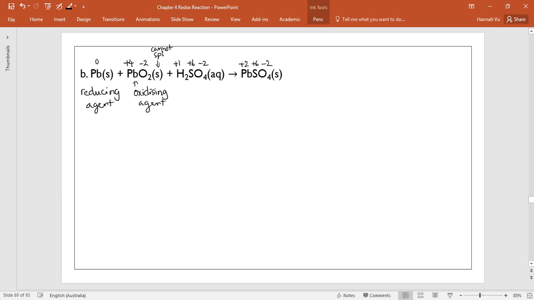However, sulfuric acid is a strong acid, so you should be able to break that into H plus and SO4 2 minus, which makes it easier for you to balance. It just means that you have a solution of sulfuric acid present, and PbSO4 is an ionic compound, but it's also solid, so I also cannot split it.